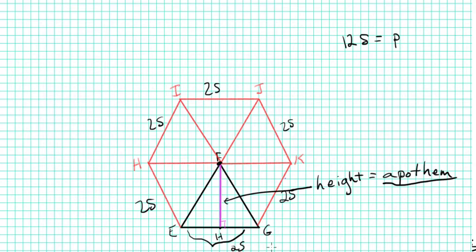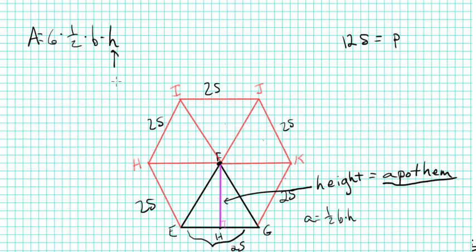So what's the area of this triangle? It's 1/2 base times height. How many of these triangles do I have? 1, 2, 3, 4, 5, 6 of them. So the area of the whole polygon here is 6 times 1/2 times base times height.